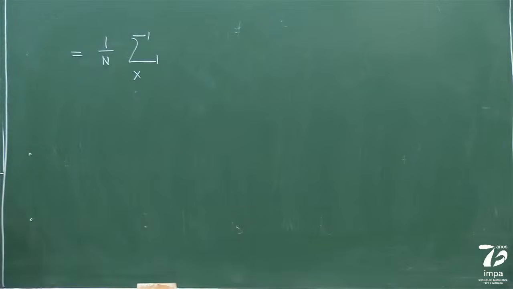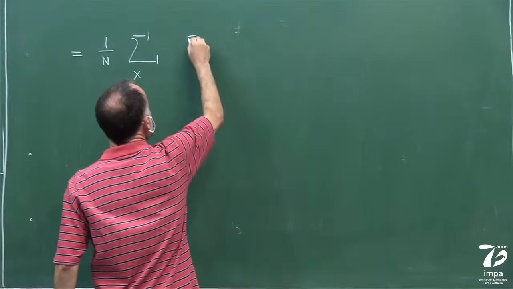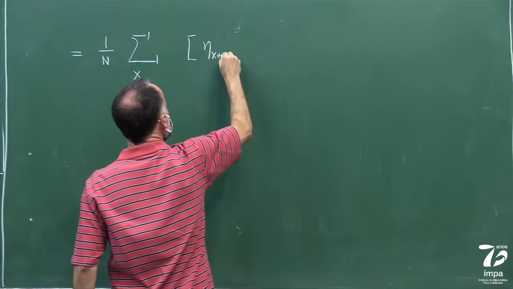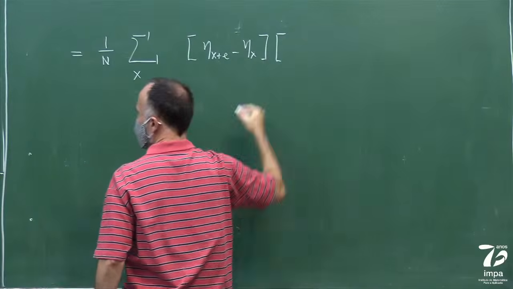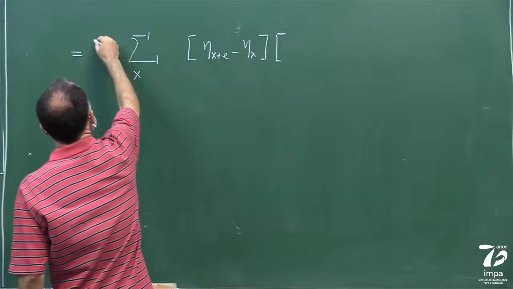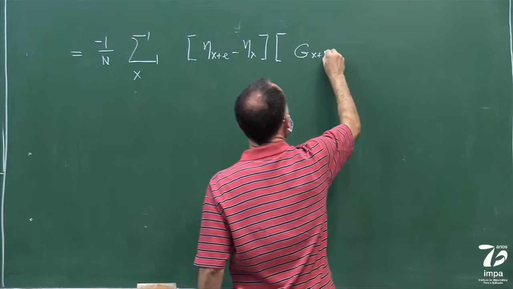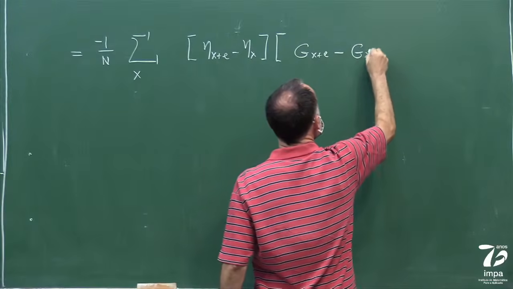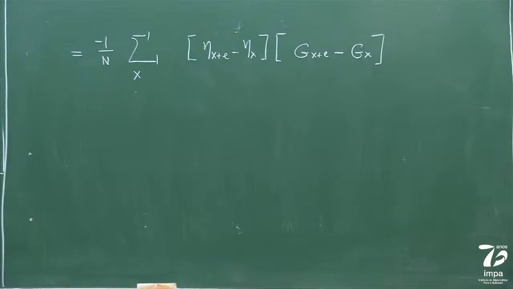And let me write that as eta x plus e minus eta x. And then I have g x minus g x plus e. So let me put minus maybe g x plus e minus g x. Okay, so this is L of f.